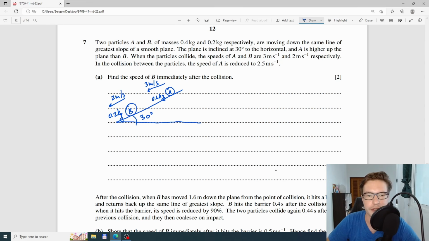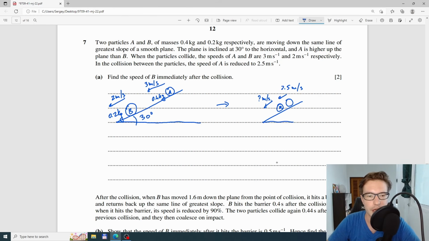And now we know that after the collision, the speed of A is reduced to 2.5, so it kind of looks like this, 2.5 meters per second, and we are looking for the velocity of particle B right after the collision. Okay, so for all those collision questions, the best idea is to use the conservation of momentum. M times v before the collision equals the sum of m times v after the collision.